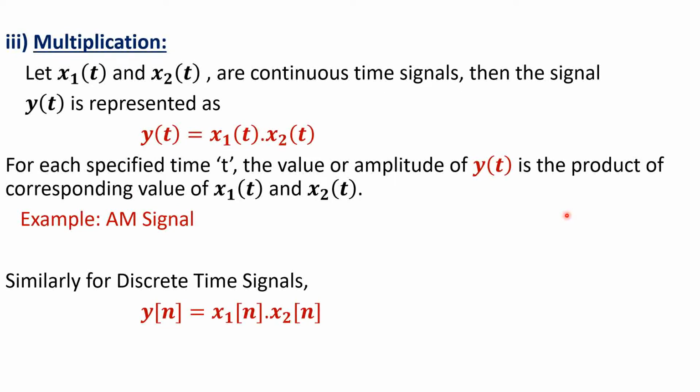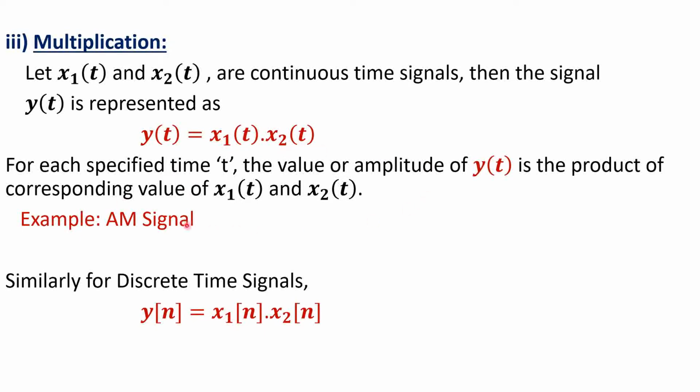Let's consider another operation, that is multiplication. Let x1 of t and x2 of t be continuous time signals, then the output y of t can be represented as y of t is equal to x1 of t multiplied with x2 of t.